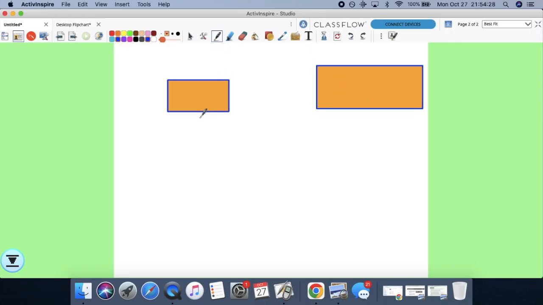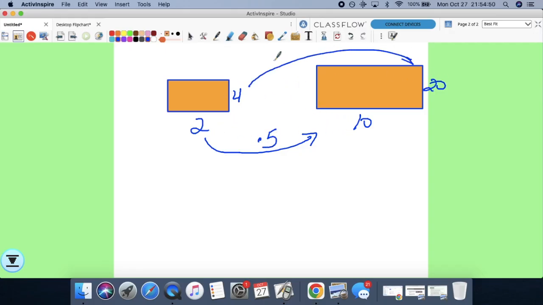Let's make them simple numbers, 2 and 4, and then let's make this 10 and 20. If I asked you what scale factor was used, you're going to say that's easy. 10 divided by 2. So I multiply 2 times 5 to get 10. Remember, we're scaling up. And then 4 times that same scale factor, 5, equals 20. So the scale factor here was 5.